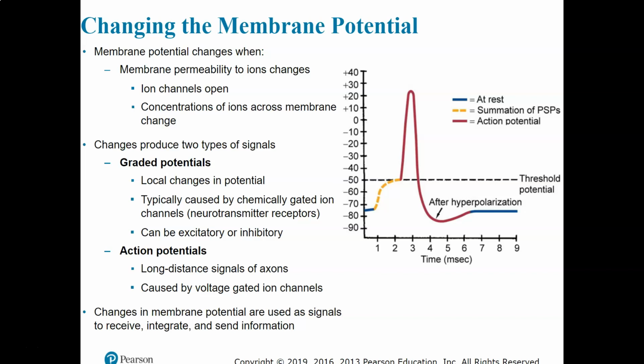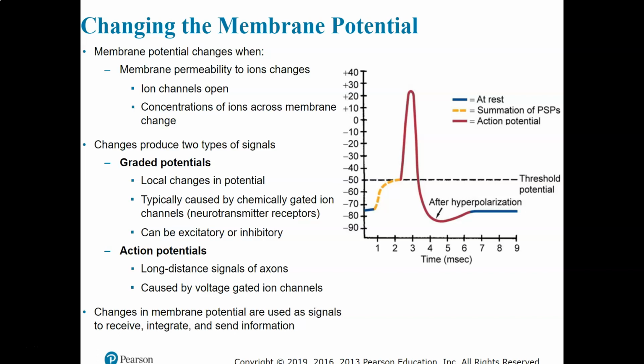A graded potential is just a localized change in the potential across the membrane. This is typically caused by gated ion channels, specifically chemically gated ion channels, specifically ones that we call neurotransmitter receptors: ion channels that open in response to a neurotransmitter binding to them.